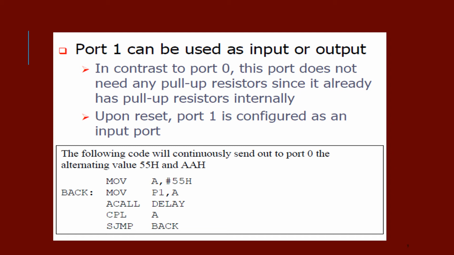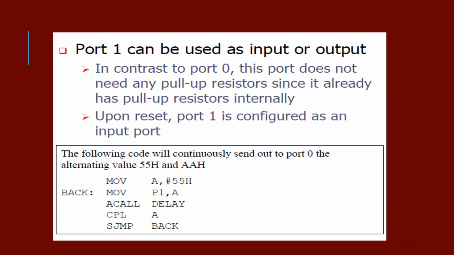So in the previous example with port 0, we did MOV A, #55H and MOV A, #0AAH two times. Instead of that, here what we are doing is complementing the respective status. We have the instruction CPL A, so the accumulator contents are automatically complemented, meaning wherever there is 0 now that will become 1, and wherever there is 1 now that will become 0.